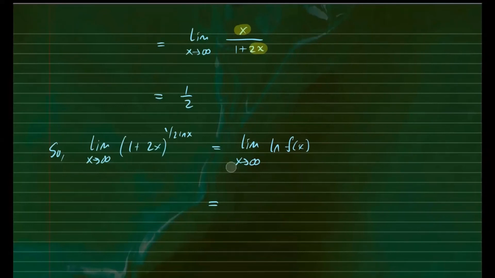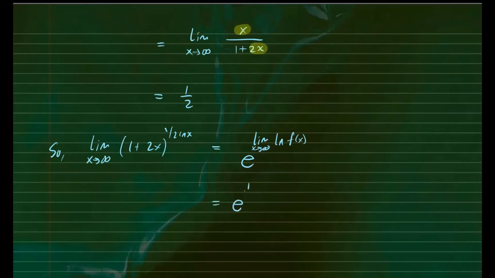Instead of writing it this way, we can also say this is equal to e to the ln of the limit as x approaches infinity of ln of that function f of x. That is fine because both of these functions are nice and continuous. And now we know what that limit happened to be.